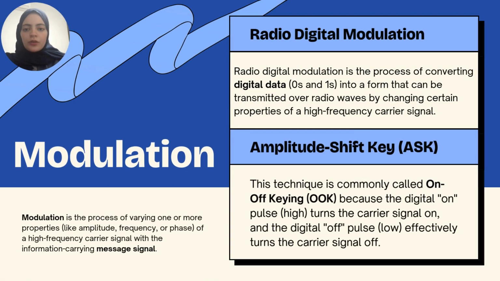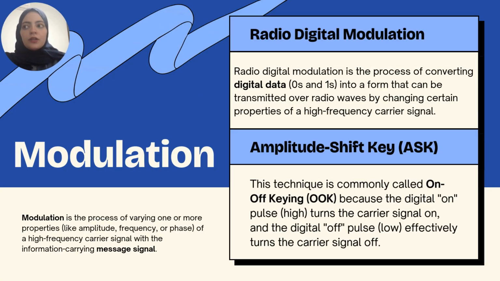In order to understand the process more, we need to understand what modulation is. Modulation is the process of carrying one or more properties like amplitude, frequency, or phase onto a high frequency carrier signal, which carries the information with it.